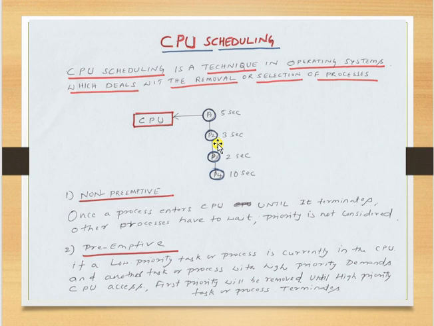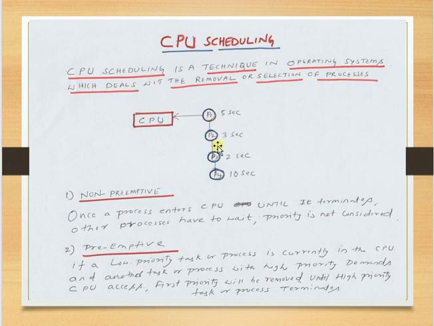At that juncture, the process with high priority demands CPU access. P2 is asking for CPU attention. So earlier the CPU was giving attention to P1.